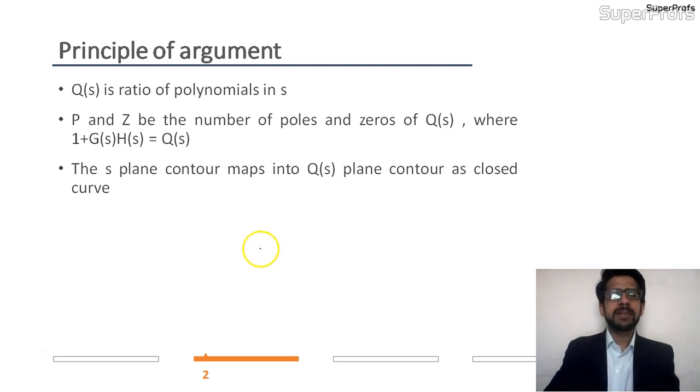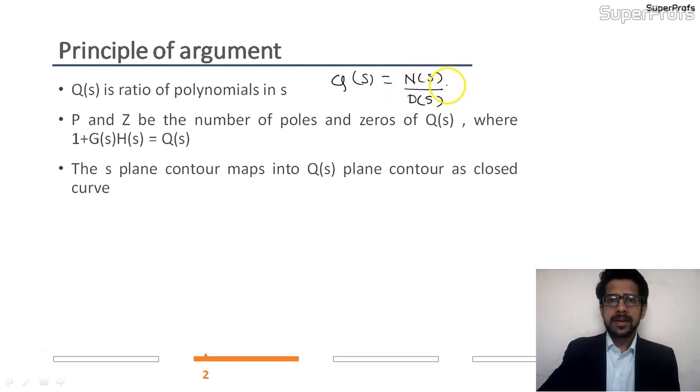Let us see the principle of argument. Let us say Q(S) is a ratio of polynomials, N(S) upon D(S). According to the principle of argument, we are going to draw two graphs, or a mapping system, in which one will be the S plane, and this S plane will be mapped into the Q(S) plane.